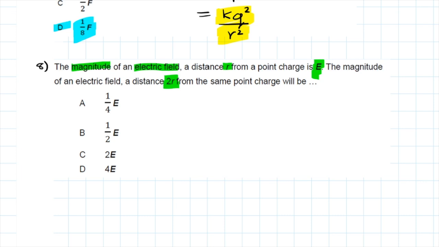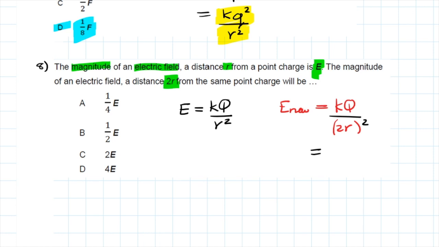To calculate the original field, we say E is equal to K, Q divided by r squared. To find the new field, we know that we're going to have still K multiplied by Q, but now we're going to divide instead by 2r, and we're going to square this.